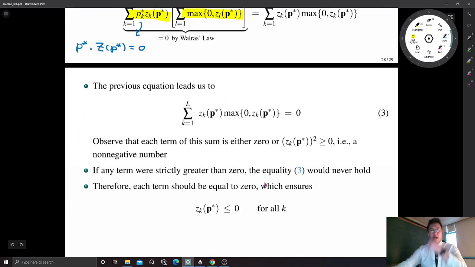Now let me illustrate why we need this maximum operator. This equation requires the sum of these components to be equal to 0. But if we ponder each term of this summation, each term is either 0 when Z sub k is negative, because then this maximum operator gives us a 0, so their product is going to be 0.